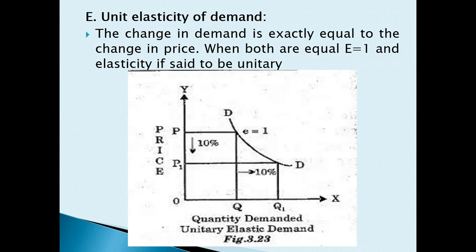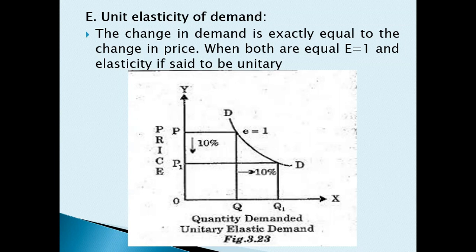And the elasticity of such kind of demand is called unit elasticity or unitary elasticity. Now look at the proportion of price. Fluctuation in the price is equal to 10% and quantity demanded is also 10%. So 10 upon 10 will be 1. Getting this? So this is something about unit elastic demand.